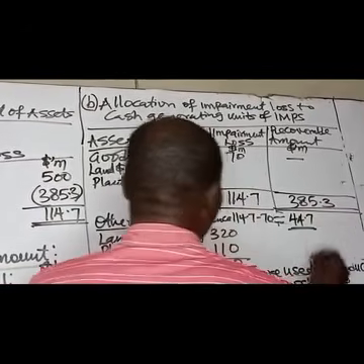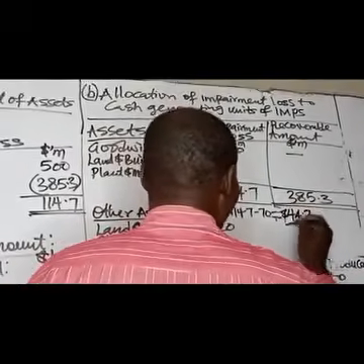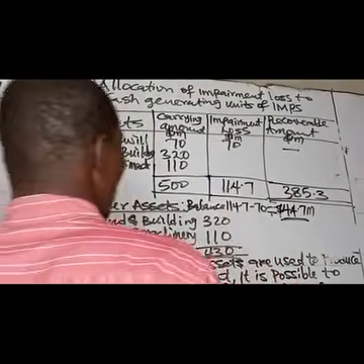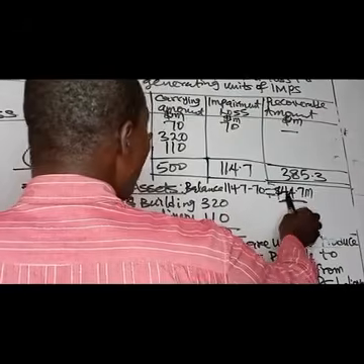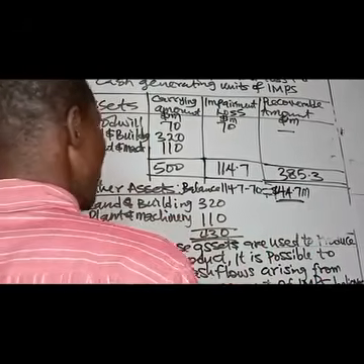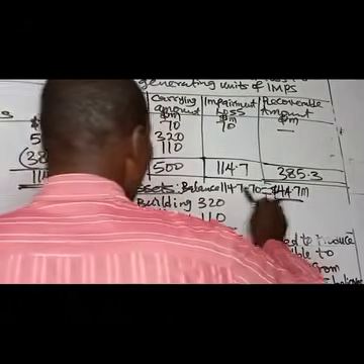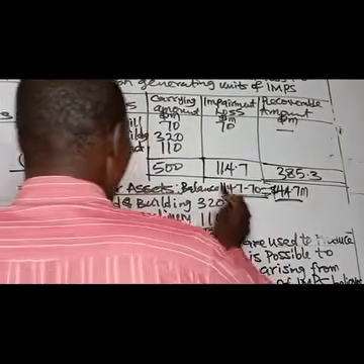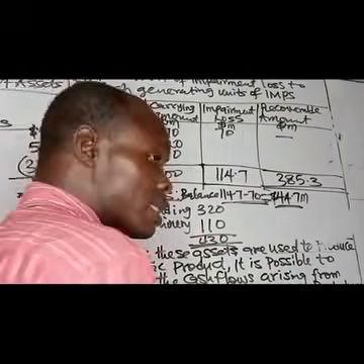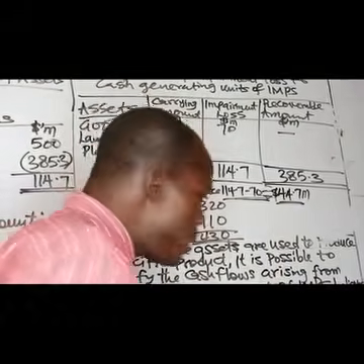After impairment loss has been allocated to goodwill, you are still left with 44.7 to be allocated. This remaining 44.7 should be allocated to other assets on a pro rata basis.